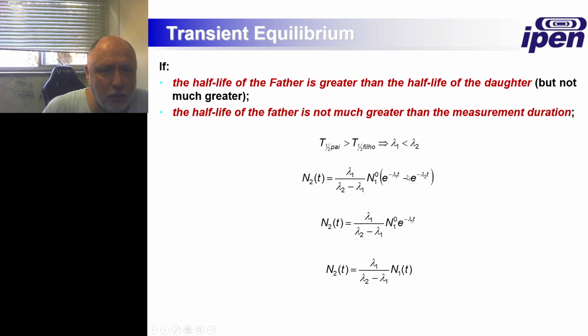In fact, the daughter term will vanish in time, just the same way it vanished in the secular equilibrium, where this term had to vanish for us to consider that we had reached equilibrium. It's the same here, right? So if we wait for this term to cancel out, which means 7 half-lives of the daughter, we end up with this here, and this here is the equation, essentially, for transient equilibrium.